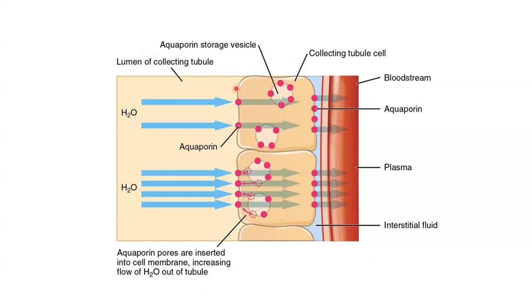If these aquaporins aren't on the membrane of the cell, no water can move through. So any water stuck in the renal tubules can't move through these principal cells back into the blood. When we have antidiuretic hormone present, it stimulates the movement of these proteins into the cell membranes. Water can now move through those proteins and back into the blood.